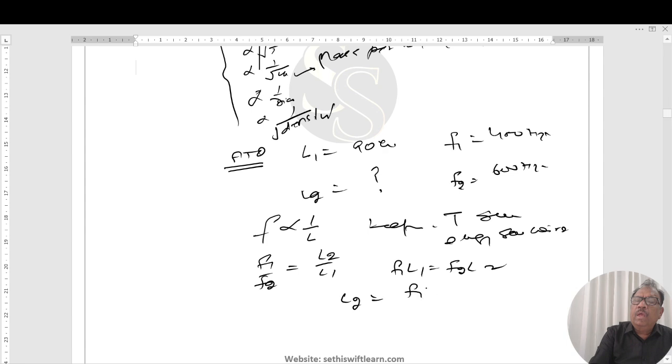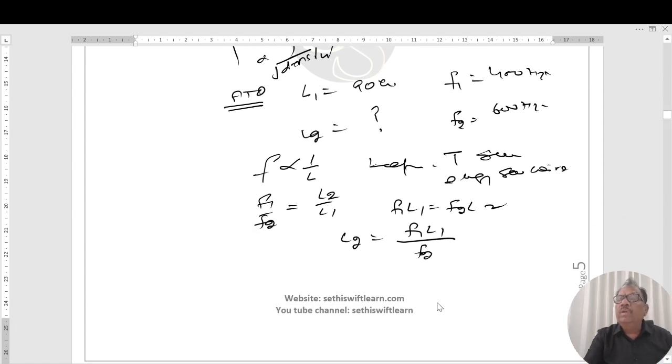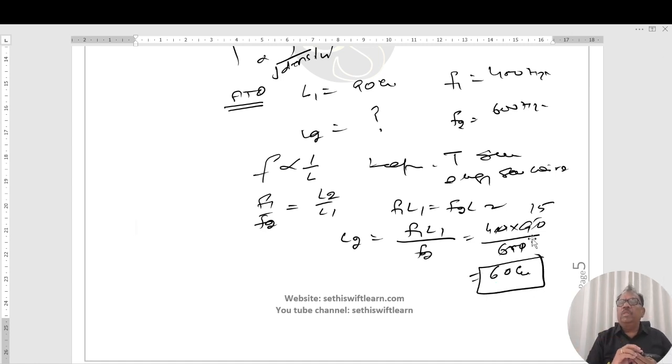L2 will be equal to F1 L1 divided by F2. On substituting the values, F1 is 400, L1 is 90, divided by F2, 600. Right? That comes out to 60 centimeters. So the fill in the blank is 60 centimeter.